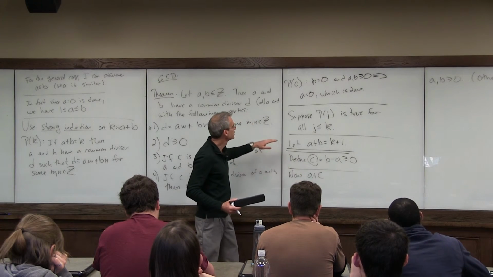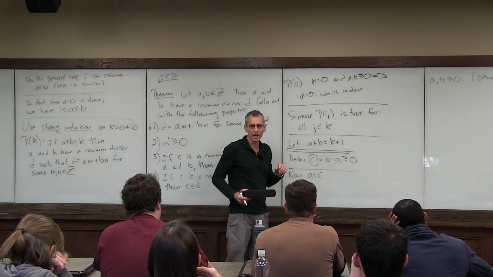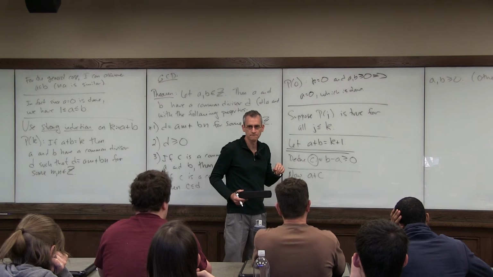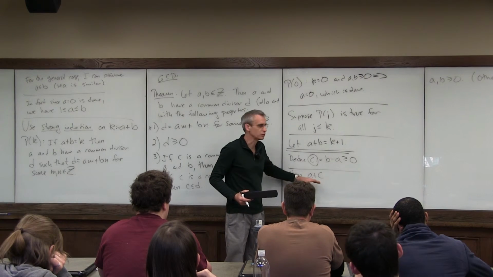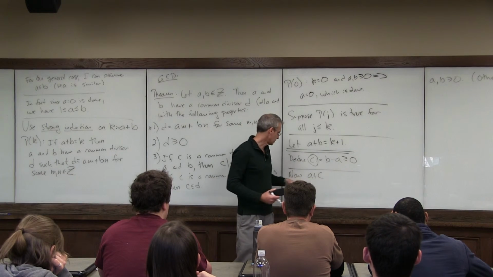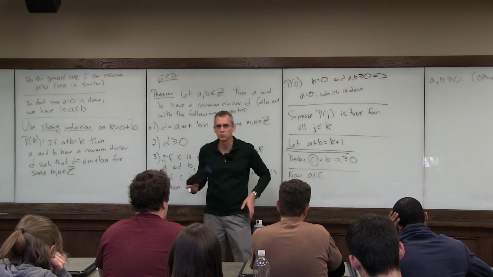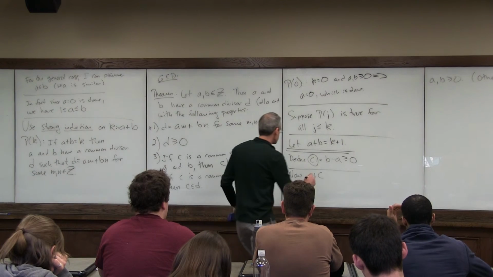And if we're going to use strong induction, that means we're going to be using P of J for all J less than or equal to K. So what would we like to know about this in order to use strong induction? Less than or equal to K plus 1? Well, not K plus 1, but if we're going to use strong induction, we need less than or equal to K.